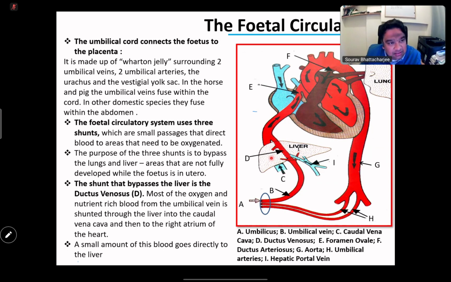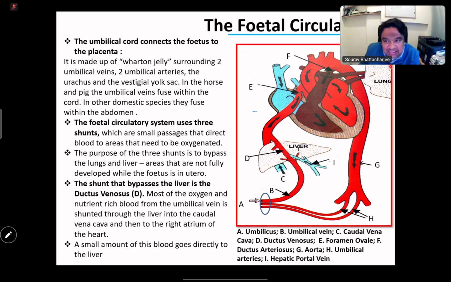Once the baby is delivered, this ductus venosus will disappear or it will regress. The foramen ovale will close. It will close because the moment the baby is delivered and starts breathing, the lungs, which were like a solid pulp, like a balloon, expand.